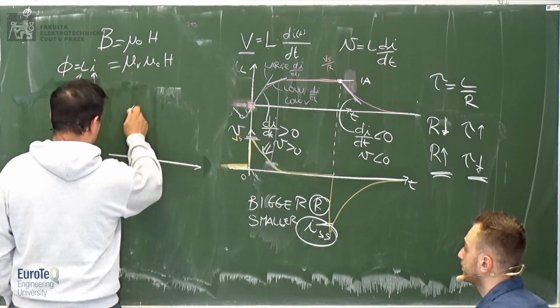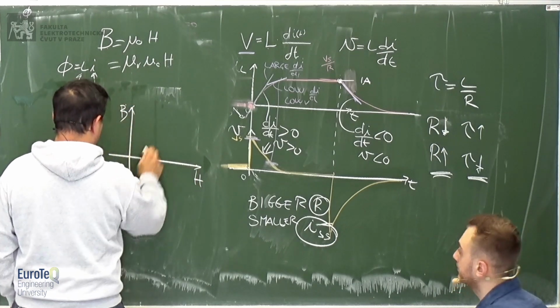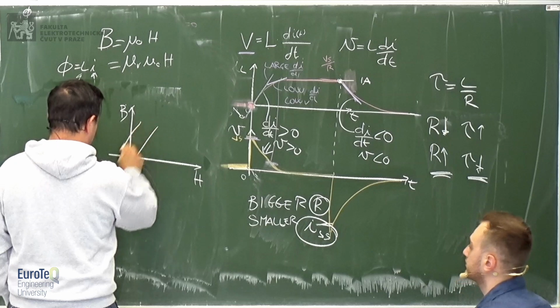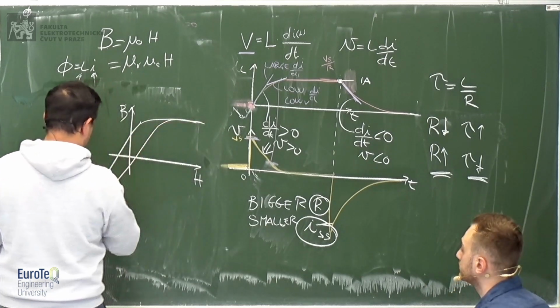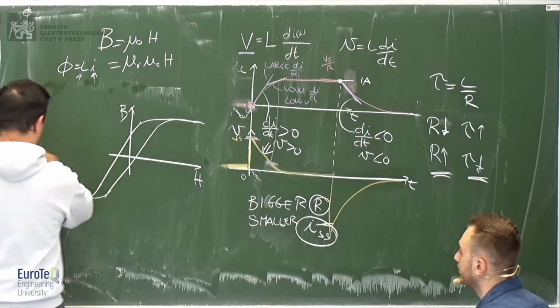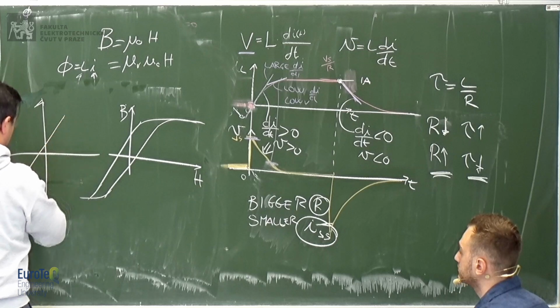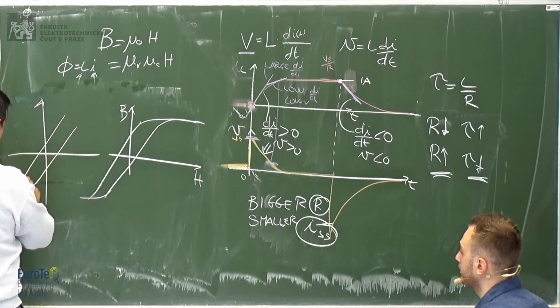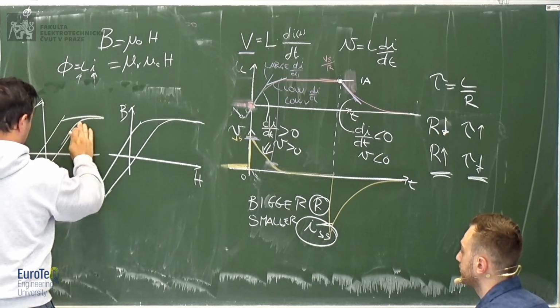So I will redraw these two graphs, maybe like this. Now the point is that I have to do the same. Yeah, so they shifted. Something like that.